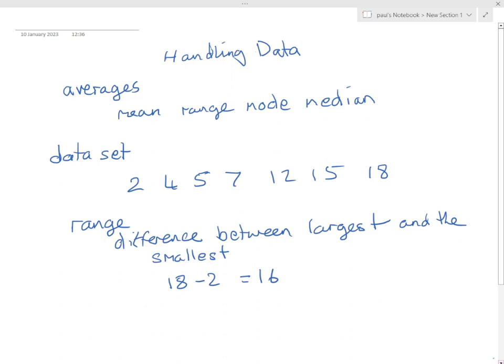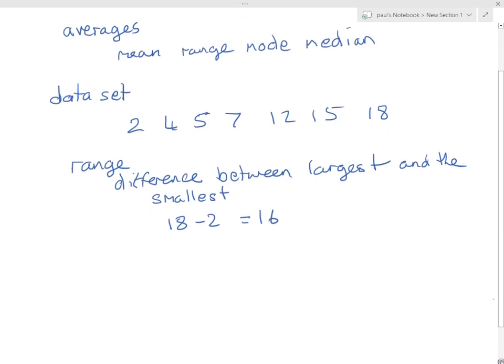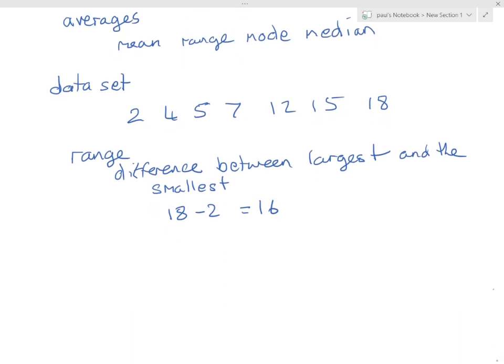The only time the range could be more difficult to calculate is if you have temperatures, and therefore negative numbers. The range is between the biggest, 25, and the smallest, which is -4.